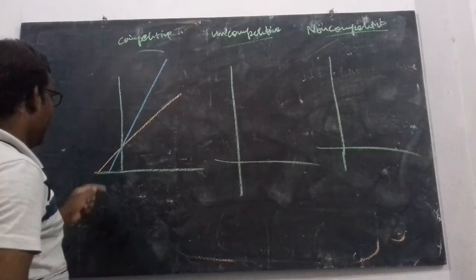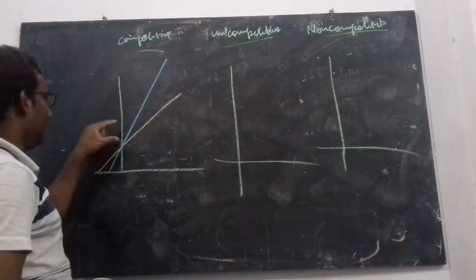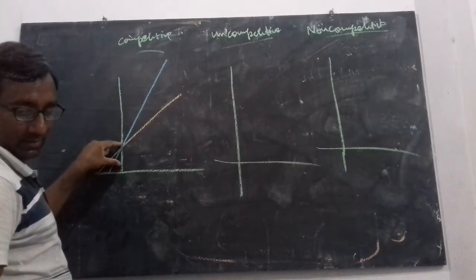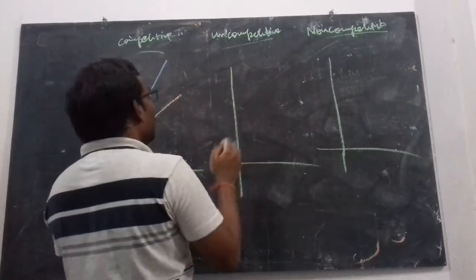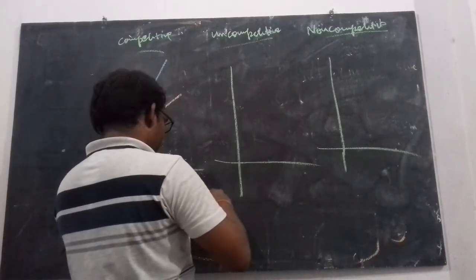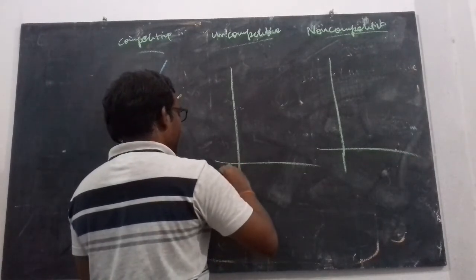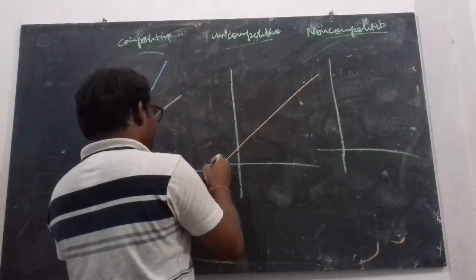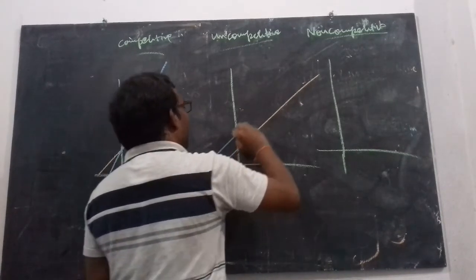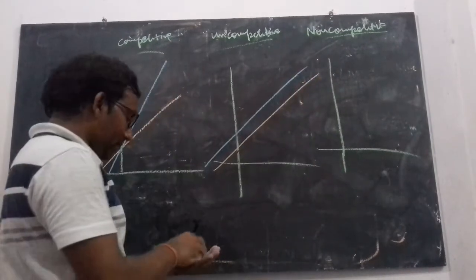In presence of inhibitor, Km is increasing, Vmax unchanged. In uncompetitive, without inhibitor is like this, with inhibitor is parallel.